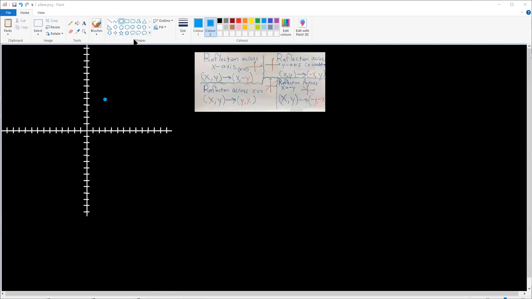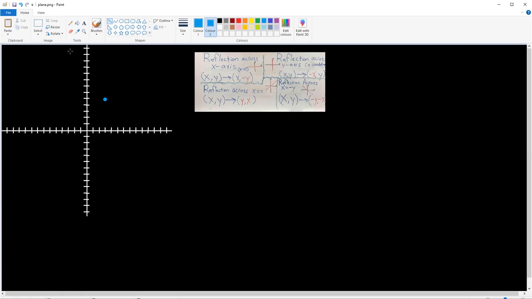Okay, so now we are talking about reflections on a coordinate plane and their corresponding algebraic descriptions. First we're going to start off with reflecting across the x-axis.